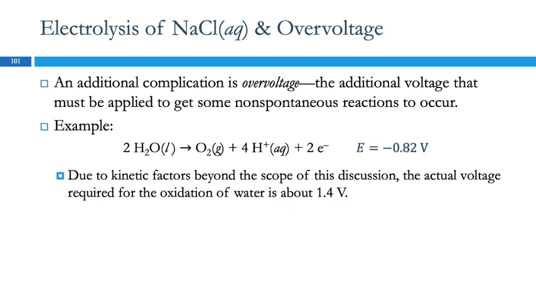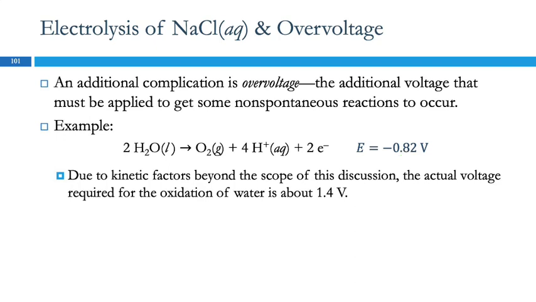And if that wasn't complicated enough, we have an additional complication called overvoltage. So some non-spontaneous reactions need a little extra push. Not just the voltage that we calculate, but you actually have to give them more, an overvoltage. So for water, this, we said was negative 0.82 volts.